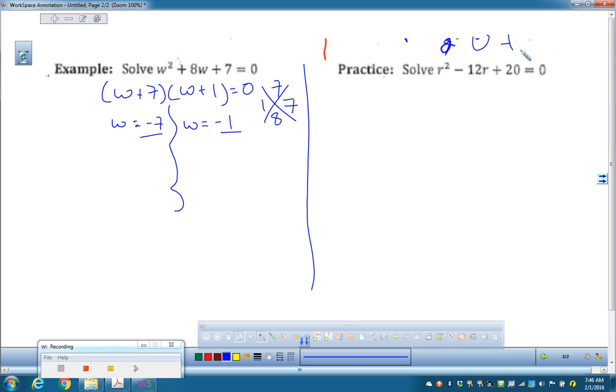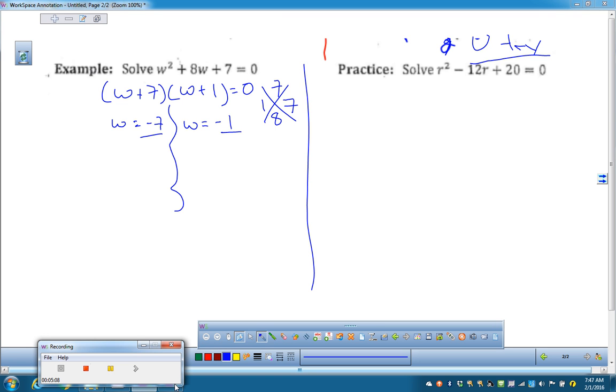Try. And I gave you bonus points. People have been participating, so I'm going to give Will Ponder a bonus point. And let's see who could get this one. Okay.